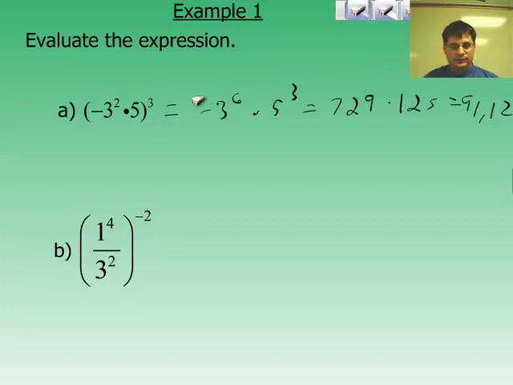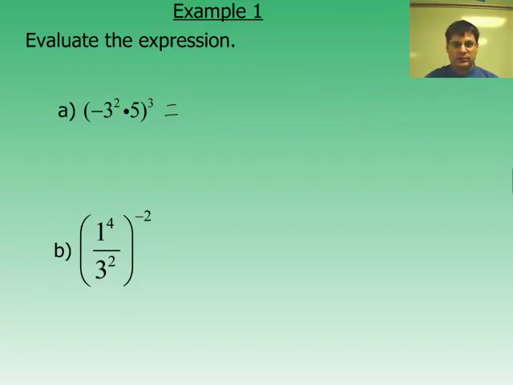A different way I could do this is, let's say, instead I evaluate what negative 3 squared is first. Negative 3 squared is 9, and then times 5, and the whole thing is cubed.